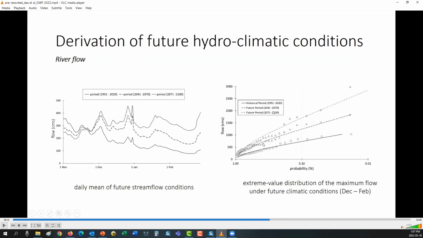You can see here from the 40s to 2007, we have this line where the probabilities of our return periods for our flows increase, and even further yet for the last 30 years of this century.